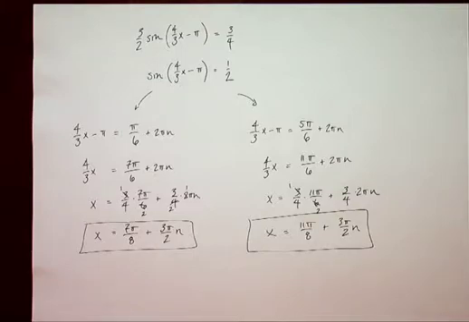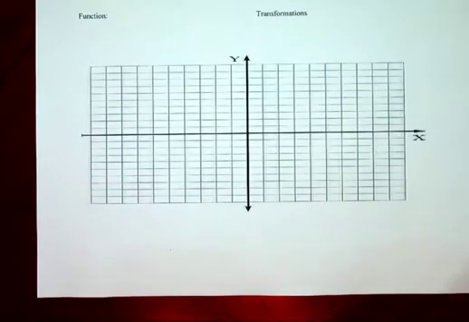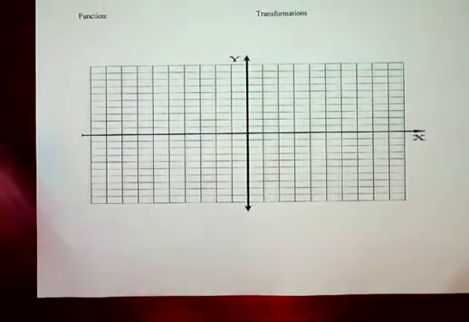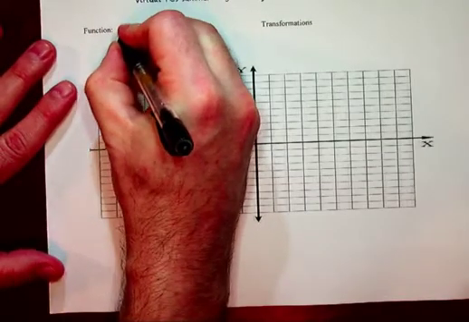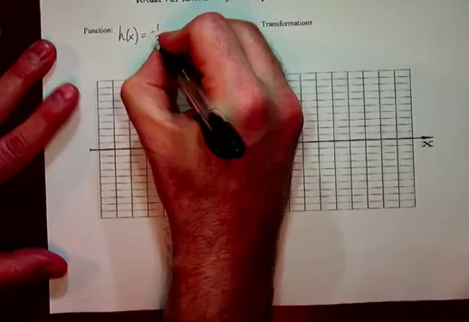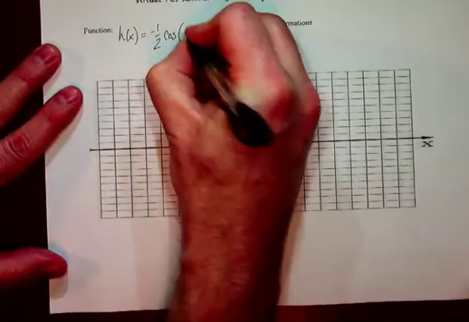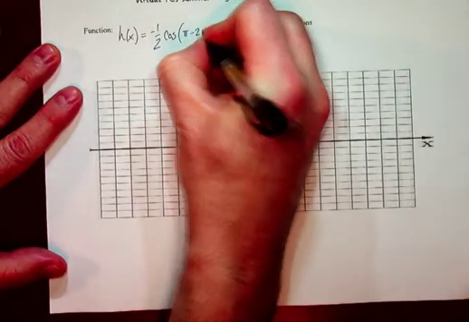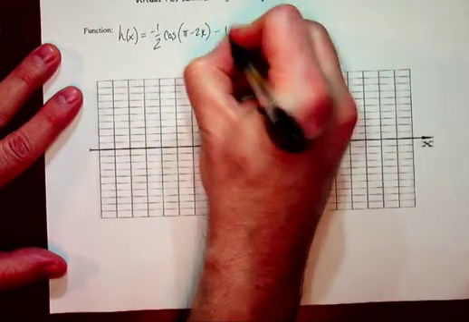Okay. Now, let's go ahead and do this last transformation problem, and this will be tons of fun. This is called h of x is equal to -1/2 cosine of pi minus 2x minus 1.